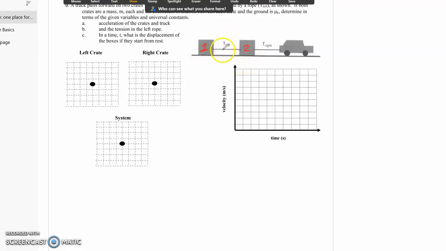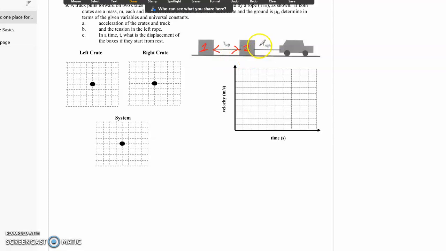As we've discussed before, internal tensions cancel. Because this block is here, this rope has tension and pulls on block 2. But whatever tension 1 pulls on 2, 2 pulls on 1.